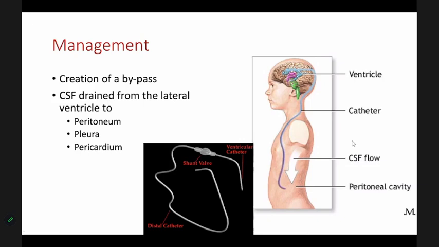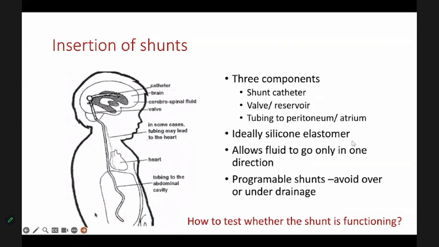So there's only an outward flow, and of course this then goes into different collection sites. It can be the peritoneum, which is the commonest site, which can expand and accommodate a larger volume. It can even be the pleura. It can even be the pericardium as well, right? Okay, so these are the 3 parts. So ideally, if you use a silicone elastomer shunt, that's good.